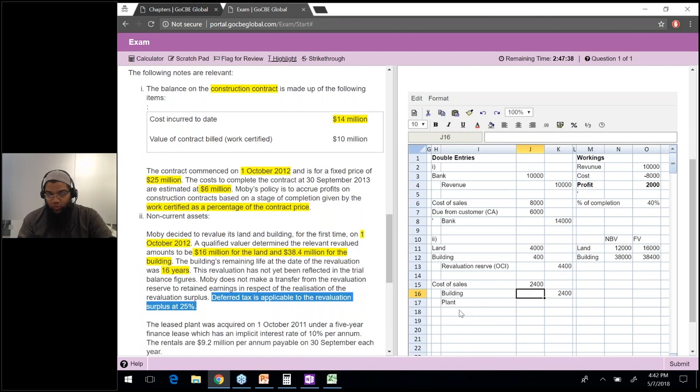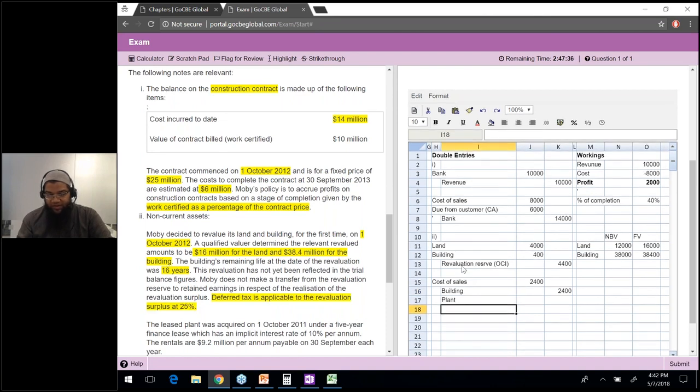So what we are going to do, we will be debiting the revaluation reserve and we will be crediting the deferred tax liability. By what amount? 4,400 into 25%. So this is how we have charged the revaluation of the asset.